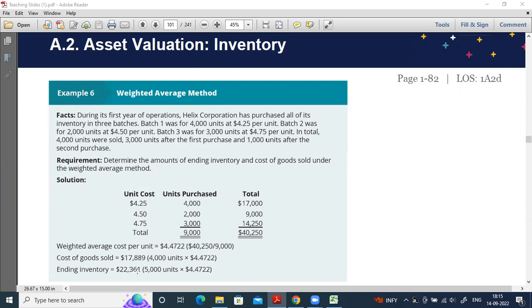Just see that. Any query guys? It is very simple here. The weighted average cost says that we need to compute the weighted average cost per unit. How will we get it?